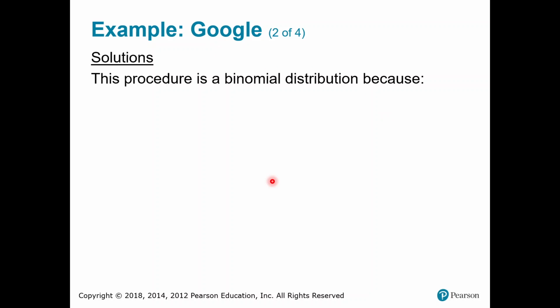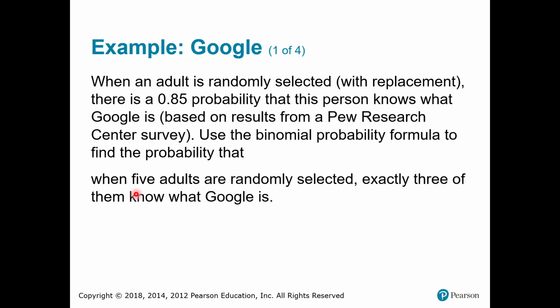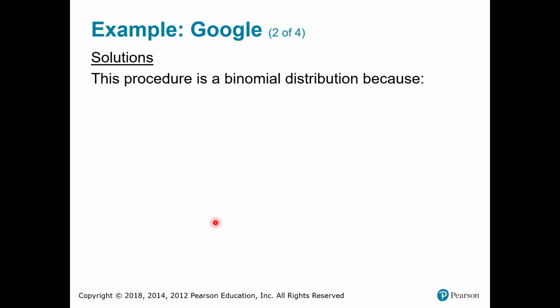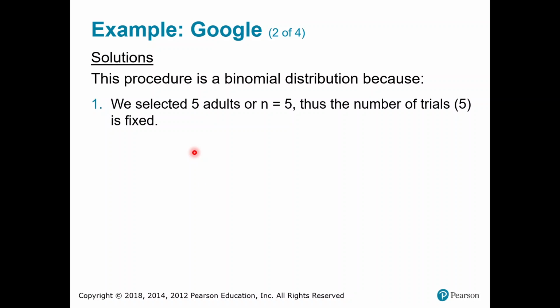Before we can answer this question, we wanted to make sure that we have a binomial distribution. And we said that we do because we selected 5 adults. So n equals 5. We have a fixed number of trials.